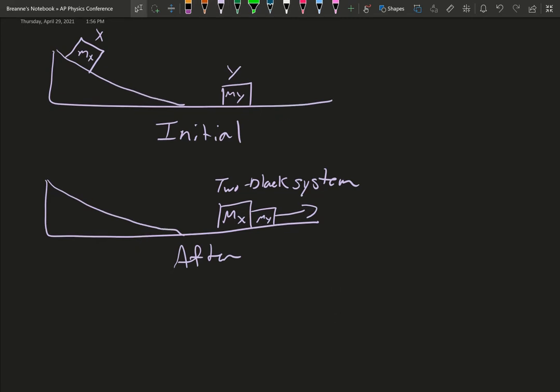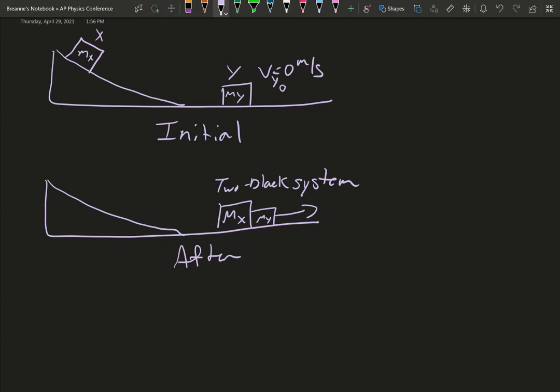And it states a solid block X of mass MX may be placed at different locations along a curved ramp. At the bottom of the ramp is a solid block Y of mass MY that is at rest on a horizontal surface. So it's not moving, so velocity Y, initial, is zero. Figure 1 shows both blocks before block X is released.